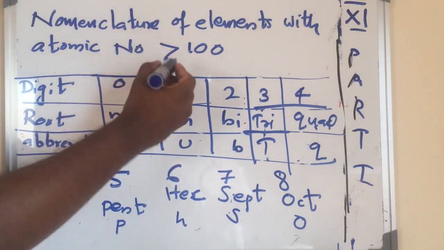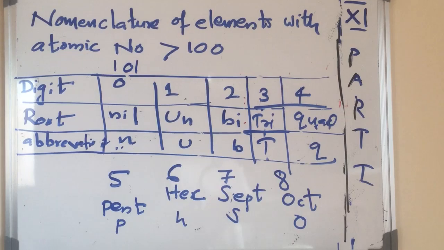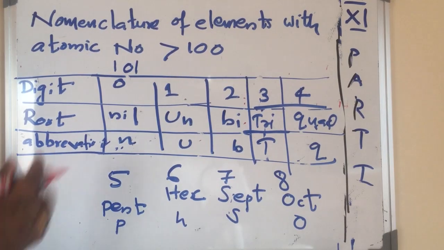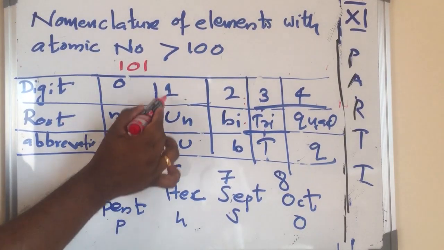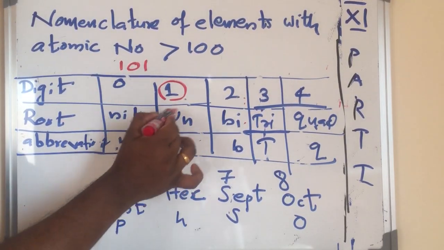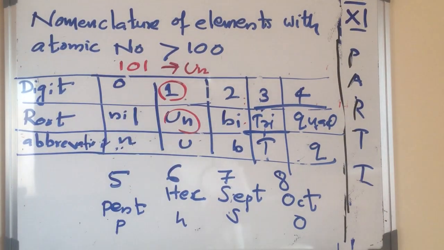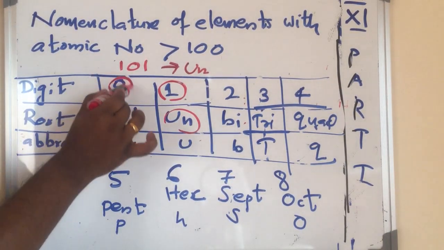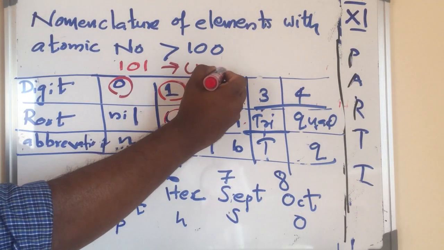For example, if you want to write the name of the element with atomic number 101, how to write? For 1, write un, and for 0, write nil.